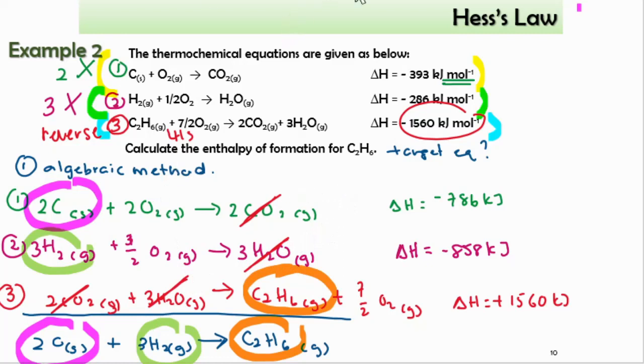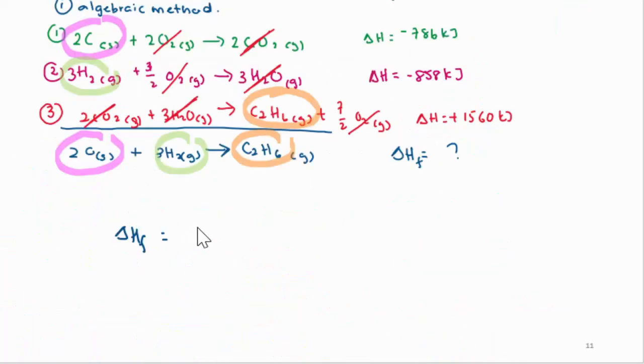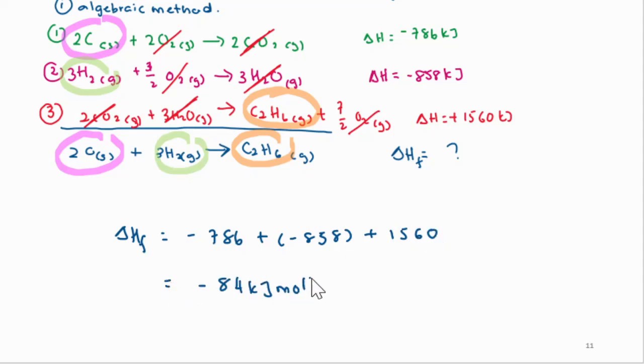H2O cancel with H2O, and then your oxygen, okay, tambah on the left hand side, cancel dengan right hand side. So you get your target equation. Now you can calculate enthalpy of formation. So your final answer should be in kilojoule per mole lah, because it is enthalpy of formation.